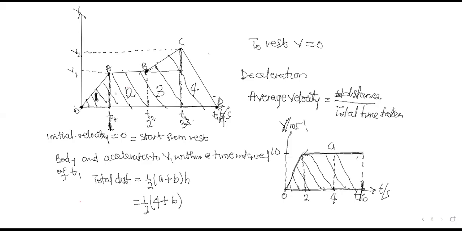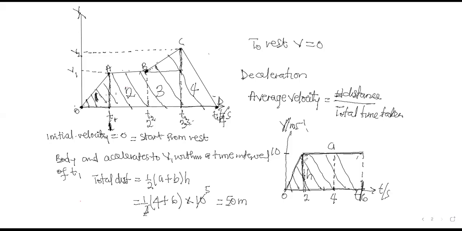H is the vertical height perpendicular to both of them. So this is H. From the graph, the value of H is 10. So we have 10 times 5. So the total distance covered is 50 meters.